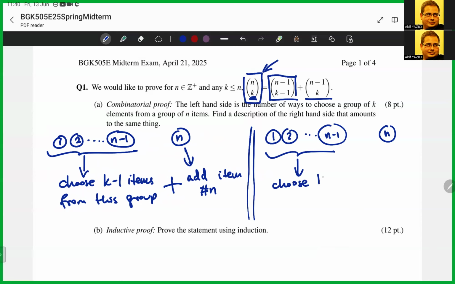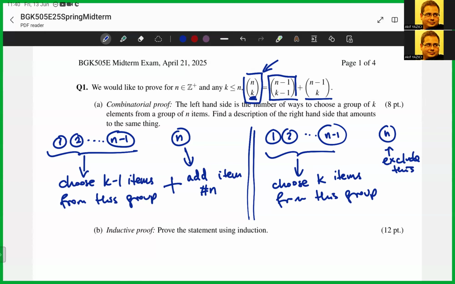Instead, choose k items from this group and exclude this in my group, right? So this is again going to give me a group of k items, but these will not have item number n in them, okay?